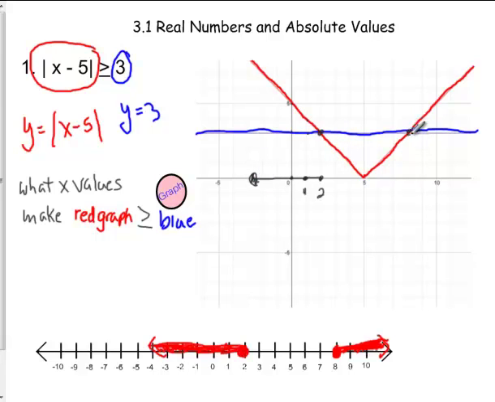And then right here, this is the number 8. So any x value above 8 makes the red graph be above the blue graph. And of course, all the numbers in between. That's why we shade them in, because it represents those fractions, irrational numbers, integers, any of the real numbers.